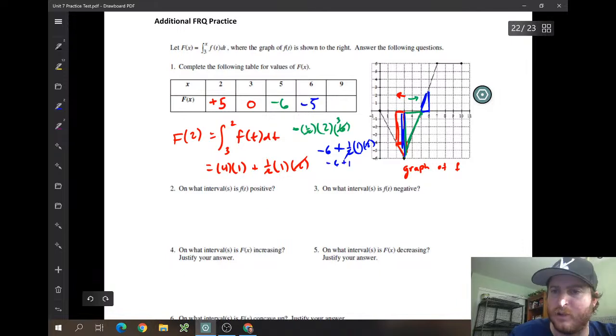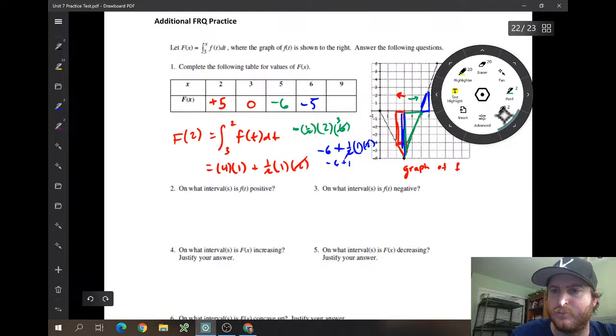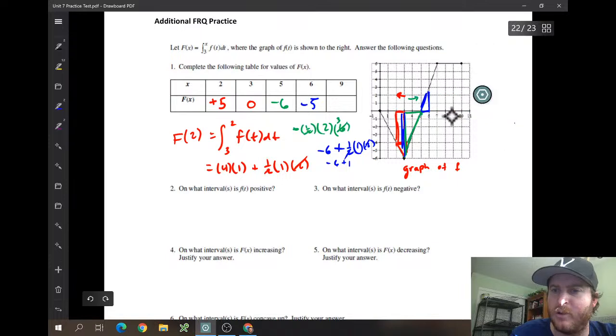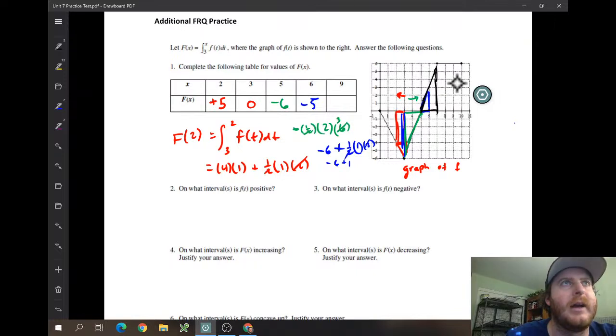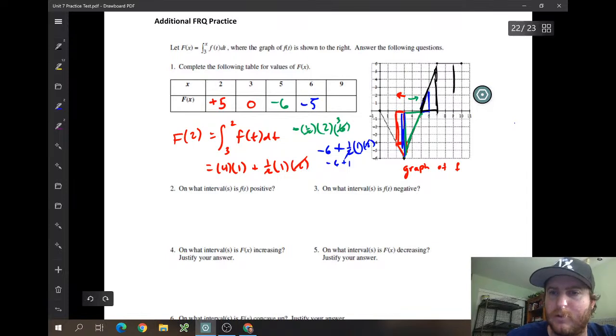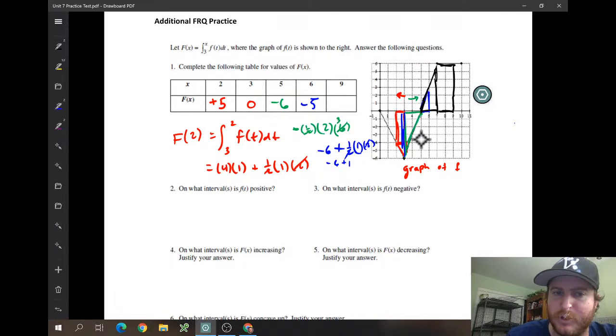And again, to get to 9, we would start with what we already had and then add on. But I think it's easier to think of this as a big triangle. So I'm going to do that triangle. And then at 9, we're right there. So we have this rectangle. My green was -6, so I'm going to use that.